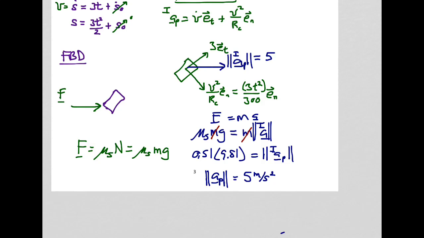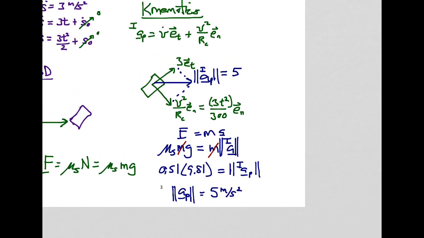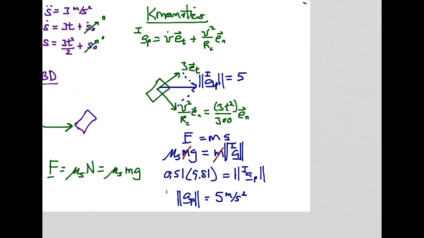Now always look for simple ways to solve this, because you can use the Pythagorean theorem here and square these guys, add them up. But if you'll notice, we've got a triangle that has a leg of 3 and a hypotenuse of 5, which means this other leg is going to be a 4.